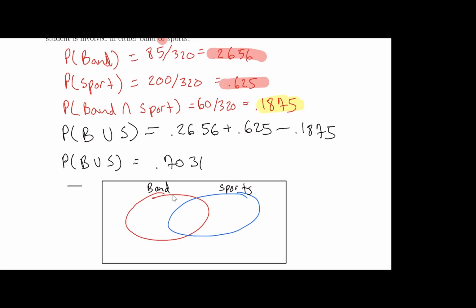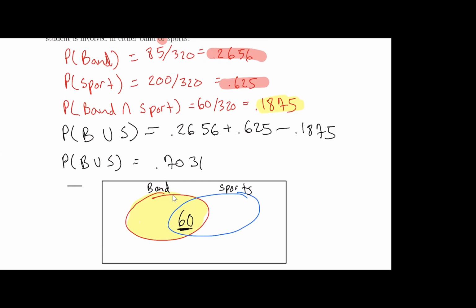Yeah, 60. So you put 60 here in the middle. All right. So how many people do band? 85. So this entire red portion should be 85, correct? The whole thing should be 85. But if you look right here, don't I already have 60 over here?